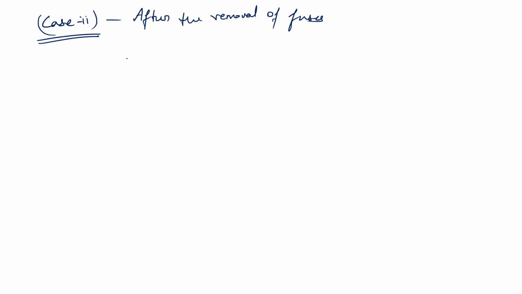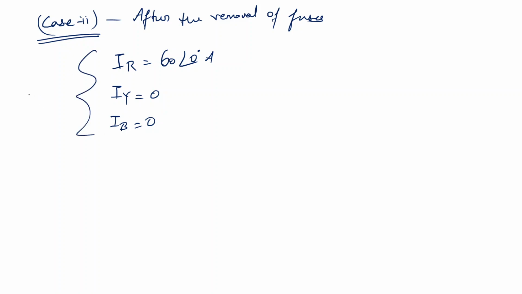So IR phase will have the same current, the value given, the same current is flowing. What about IY and IB? Because I removed the fuse, there is no current, so I can mark it as 0. This is the given value for us now. Because fuses at Y phase and B phase are removed, there is no flow of current in these two phases, so it is 0.